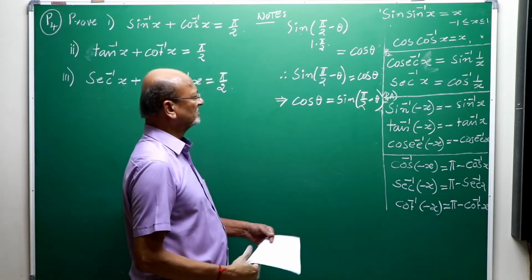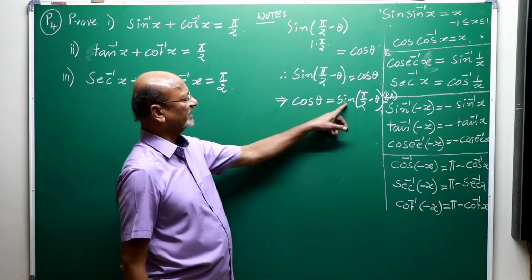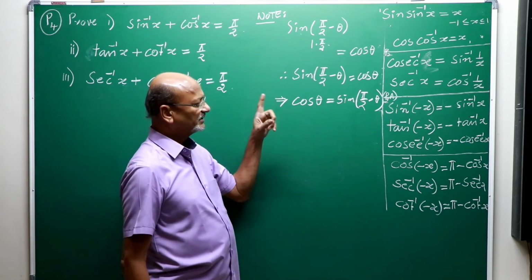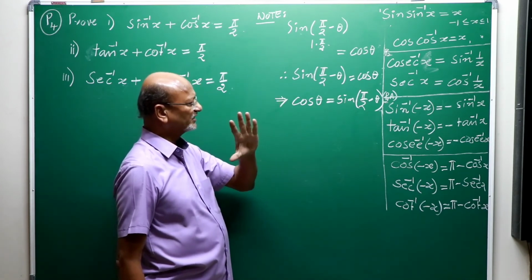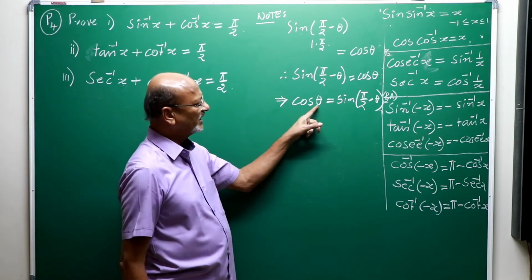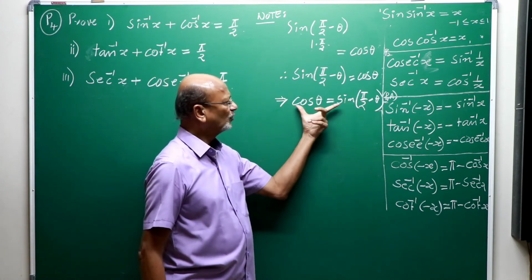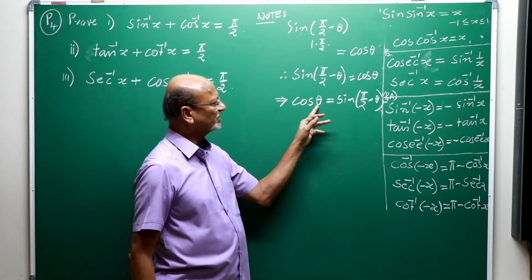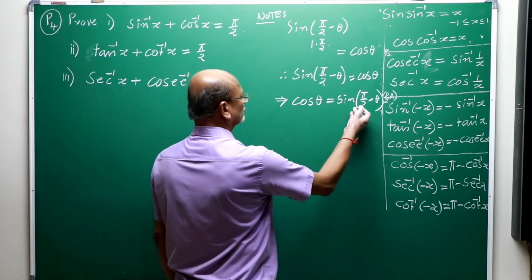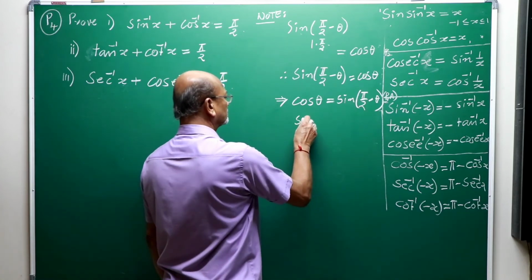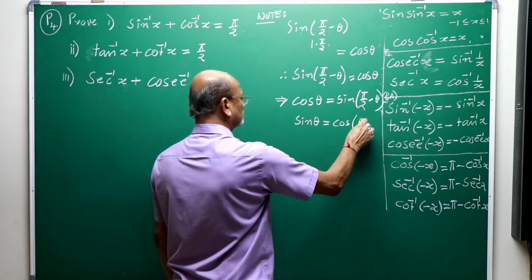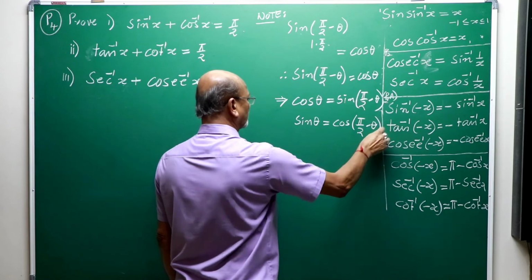See my friend, I want to change from cos to sine. You have to replace the angle by π/2 minus the same. But if you don't want to change cos to sine, that is cos to cos, replace your angle by π minus theta. Similarly, sine theta you want to change to cos, use π/2 minus theta.